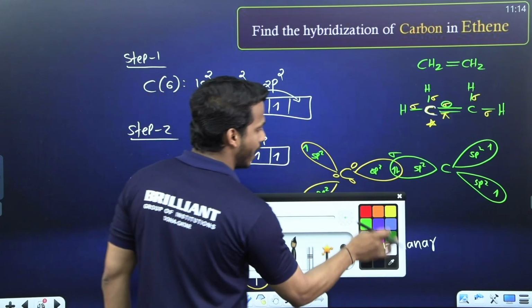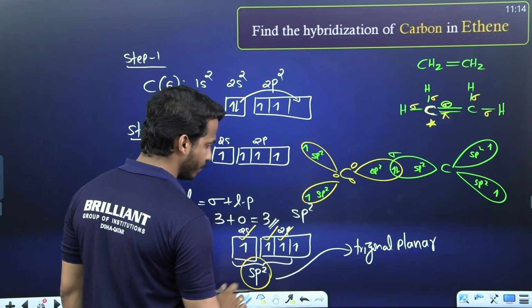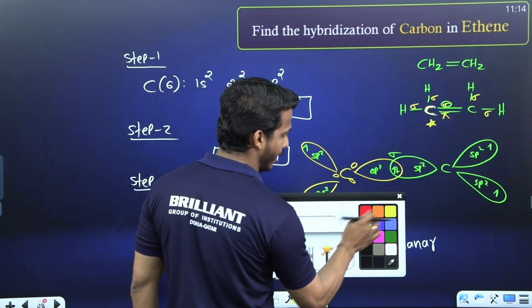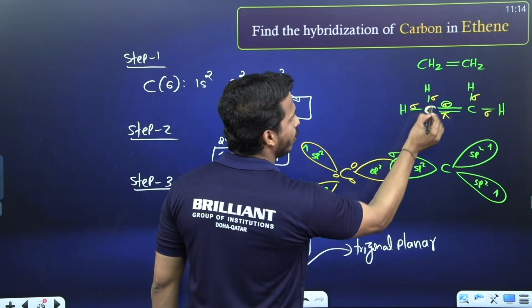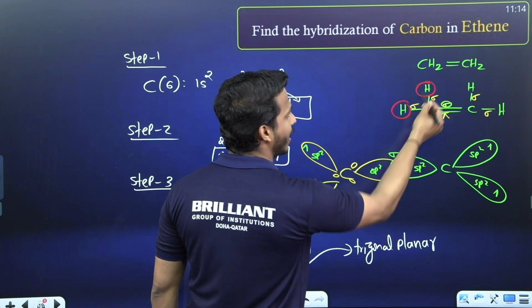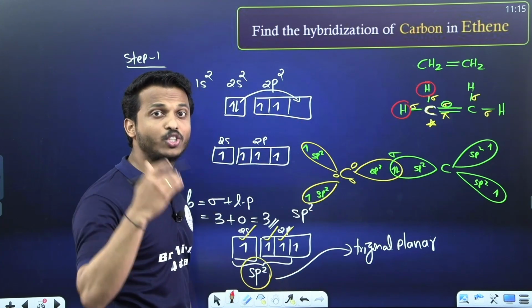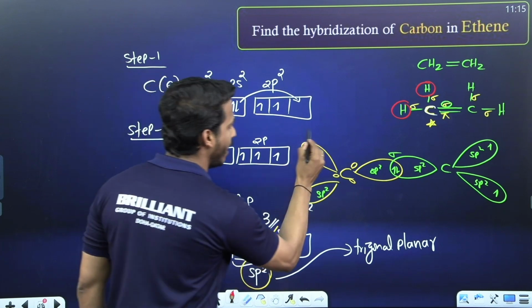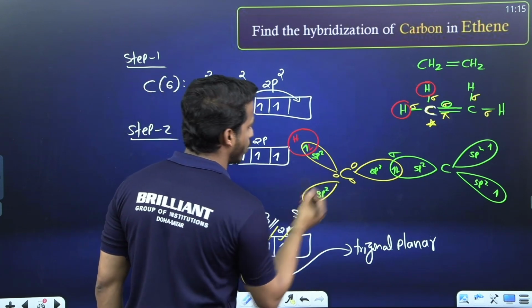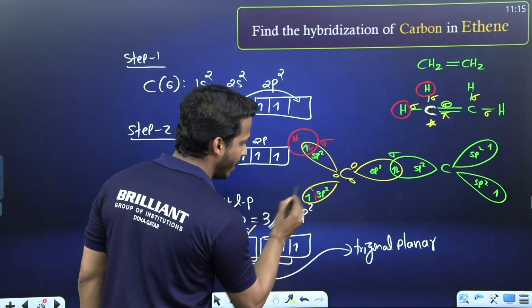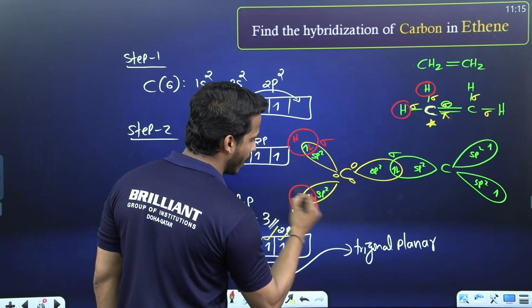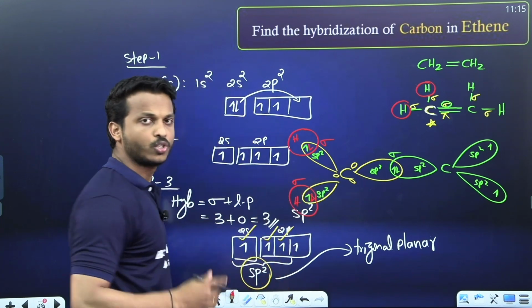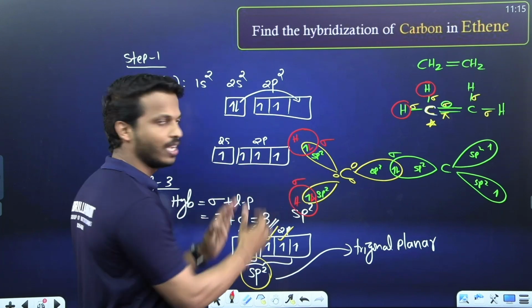What about the other? Have you seen that here? In the other case, what about on this carbon? You may notice there are 2 hydrogens. Yes or no? Hydrogen, which orbital? 1s orbital. So hydrogen is coming with 1 electron. They made a sigma bond. The other hydrogen, 1 electron shared, another sigma bond. So carbon-hydrogen sigma bond over.